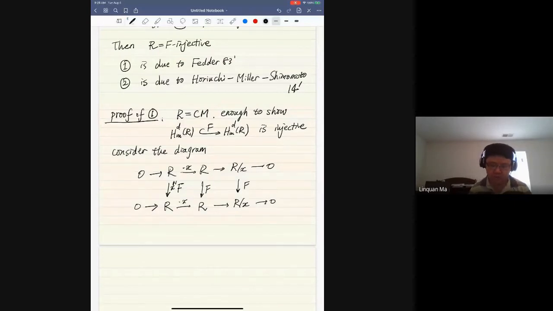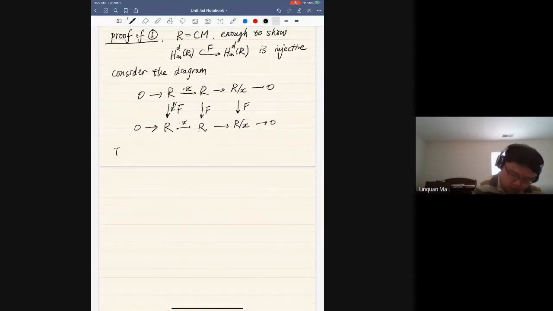If I first apply Frobenius and then multiply by x to the p minus 1, then I make the left-hand diagram commute. Basically, if you apply Frobenius to x, I get x to the p. That's why I have to put on this extra p minus 1 here.